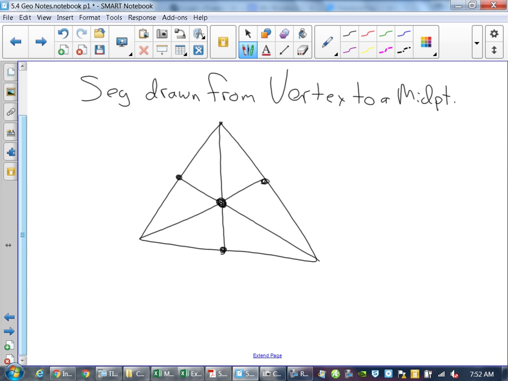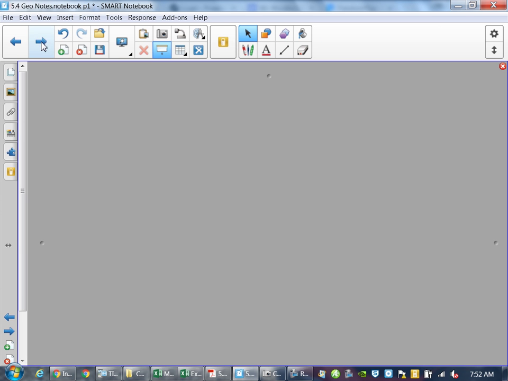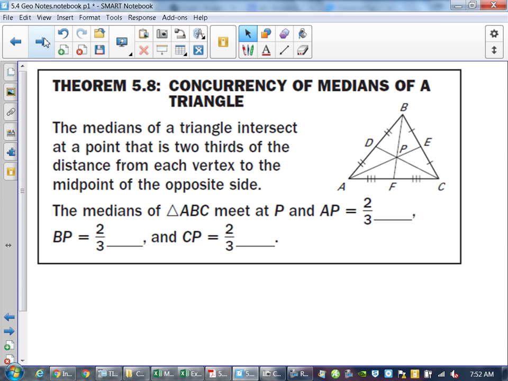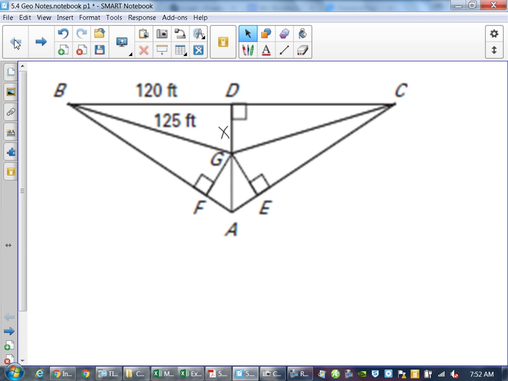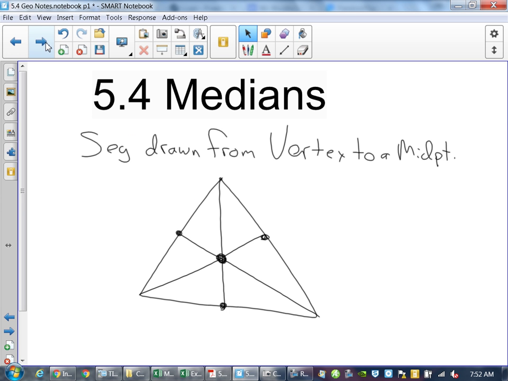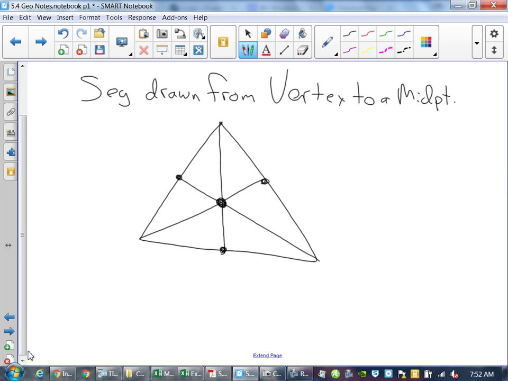This segment then, in the middle, is called, oh, I brain farted. I forgot what it was called. Centroid. Sorry, it's called the centroid. I was thinking orthocenter.